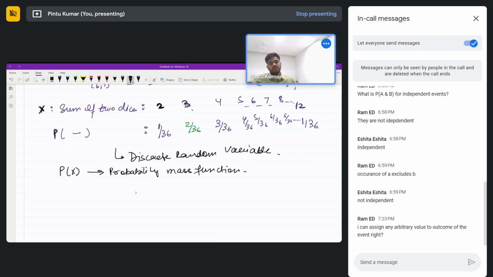Again, if the random variables that you are defining are continuous in nature, they take continuous values. For example, let's say this is your graph and this is your p of x, and these are the values of x that it takes. If it takes continuous values, then those are called continuous random variables.